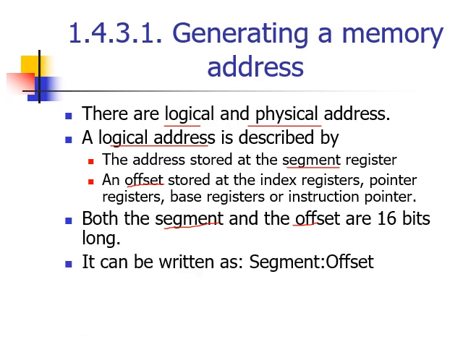An example of writing a logical address would be as such. You give the value inside the segment register, then a colon, then the value of your offset. Two 16-bit registers: one segment register, and the other could be a base register, an instruction pointer, an index register, or just a pointer register.